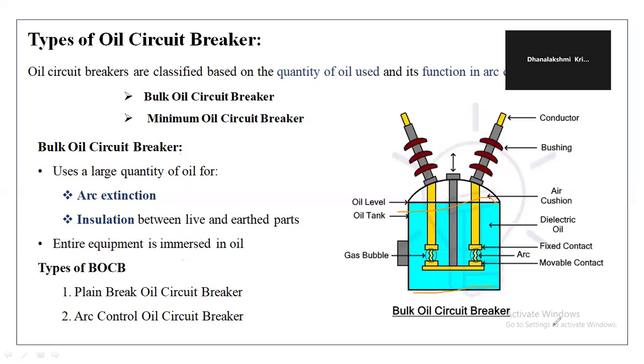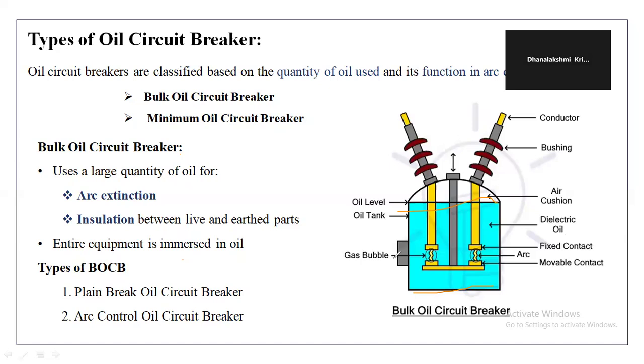There is no special system for arc control other than the increase in length caused by the separation of the contacts. The arc extinguishes when a certain critical gap between the contacts is reached. The plain break oil circuit breaker is the earliest type from which all the circuit breakers have developed.